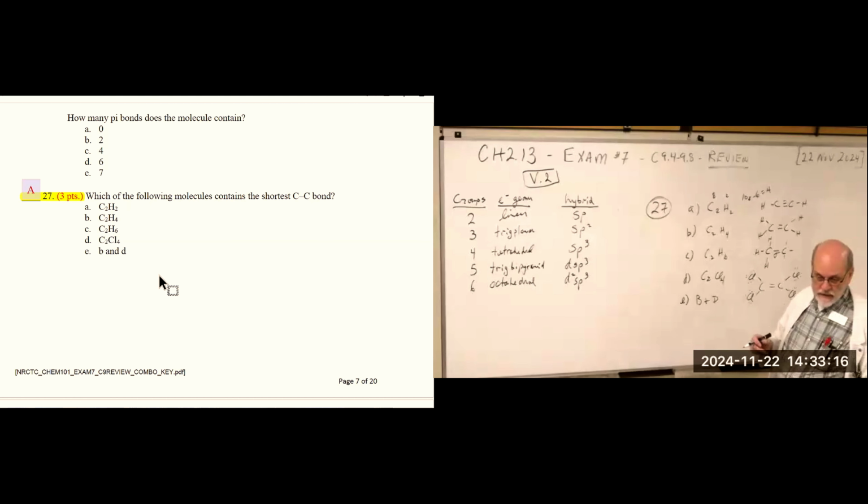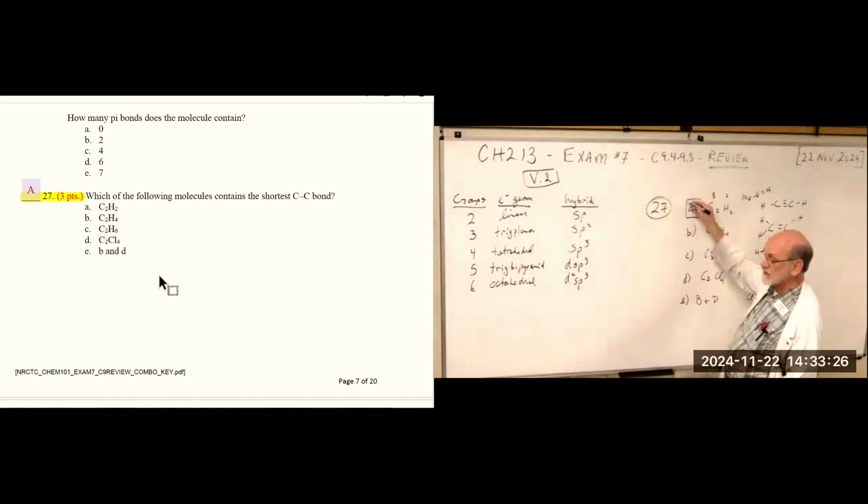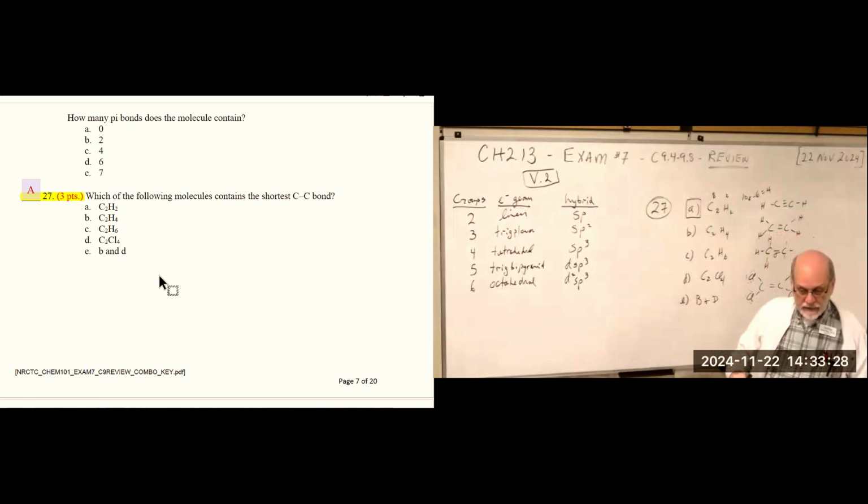But it's asking us for the shortest carbon-carbon bond. That would be the strongest bond. So the strongest bond between the carbons is that triple bond. That's the shortest bond.